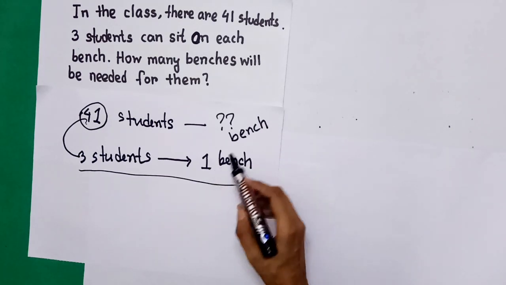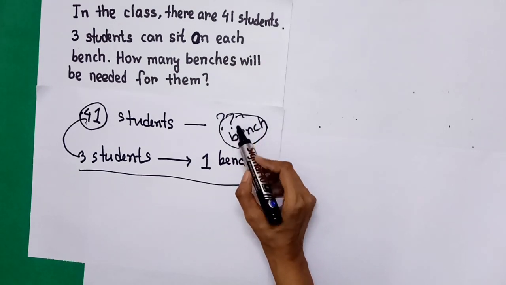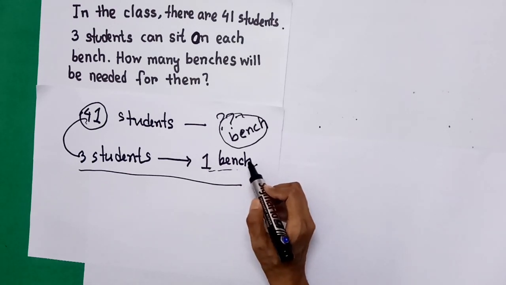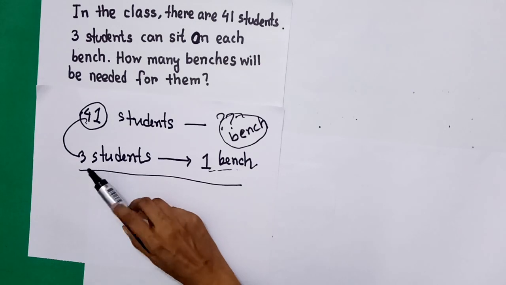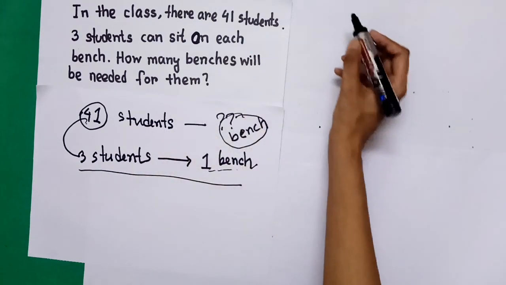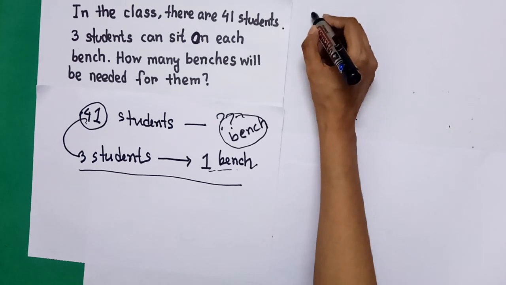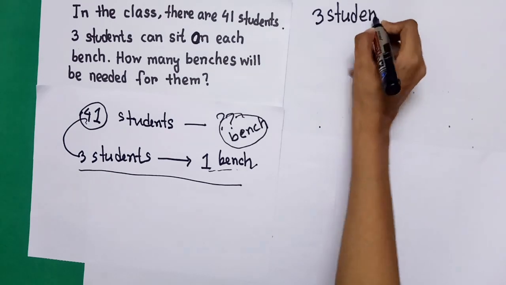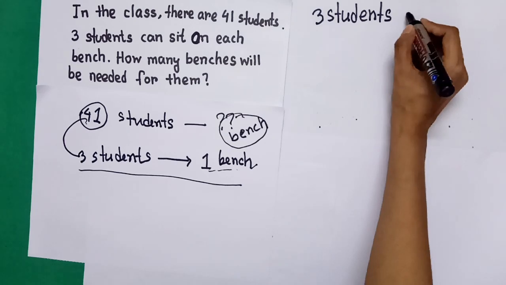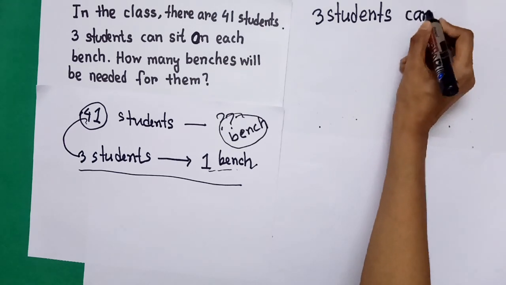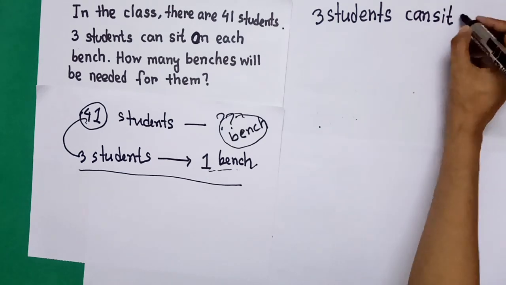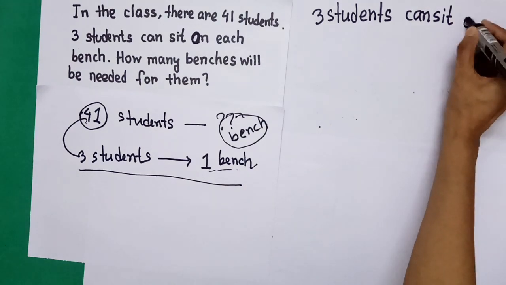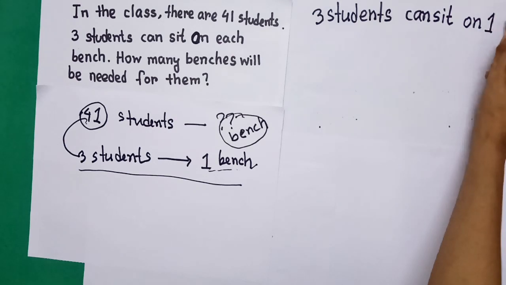Here we have to find benches, that's why I will write number of benches on the right and on the left 3 students can sit on one bench.